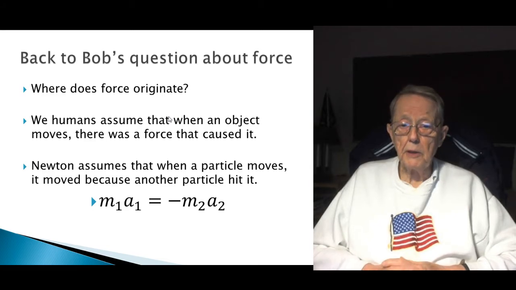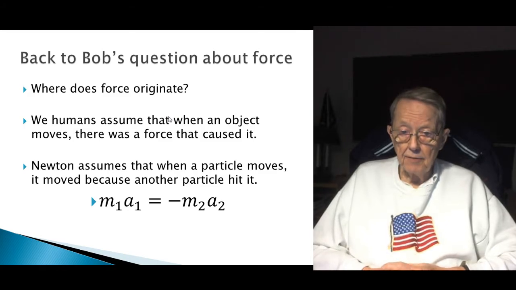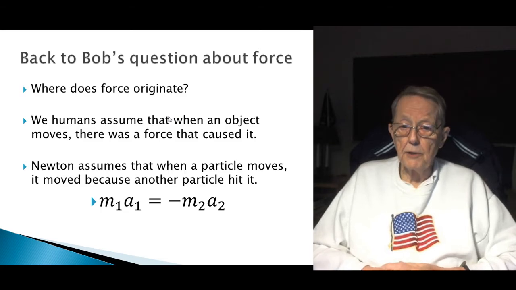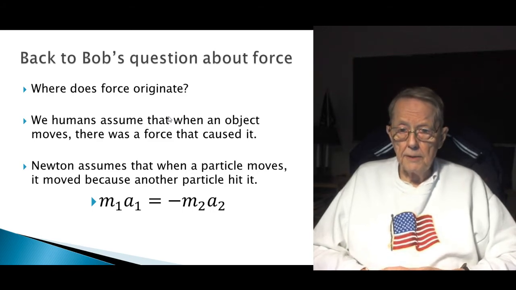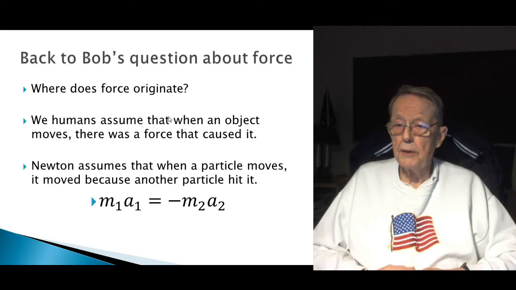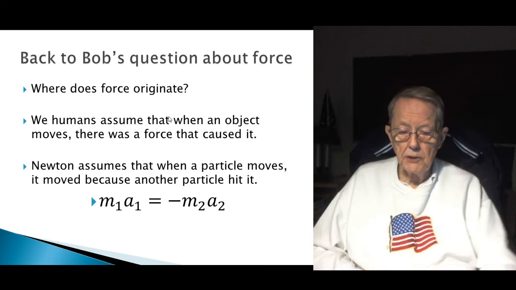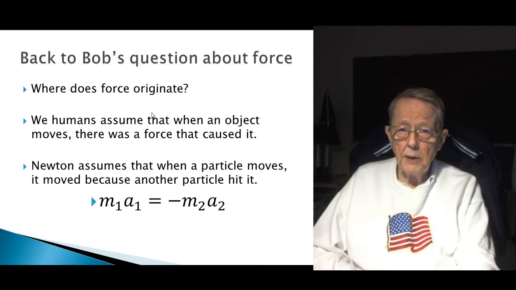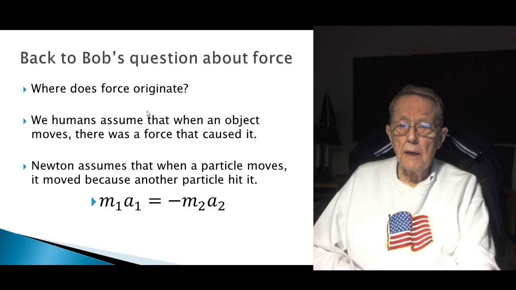But he ends up with this equation where object 1 has mass 1 and is accelerating at value a1, and object 2 has mass 2 and has its acceleration as a2. And there's only acceleration at the point of interaction, or during that short period of time when it changes velocity or changes direction. So he starts with that, but one of his problems was gravity.